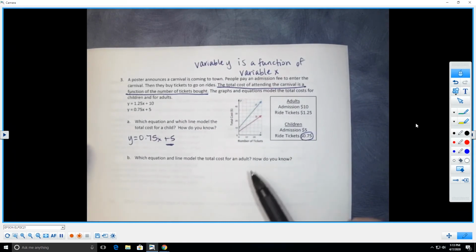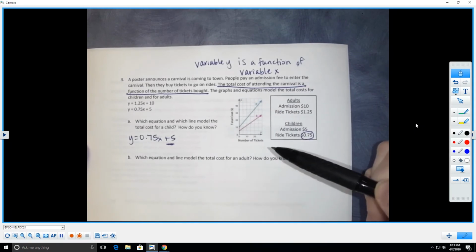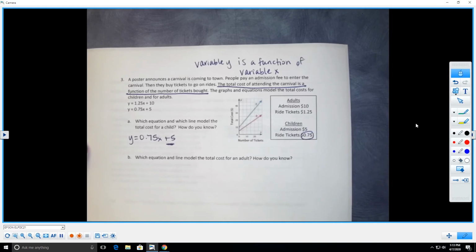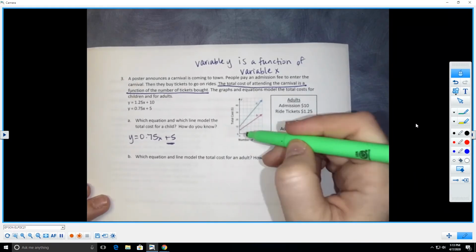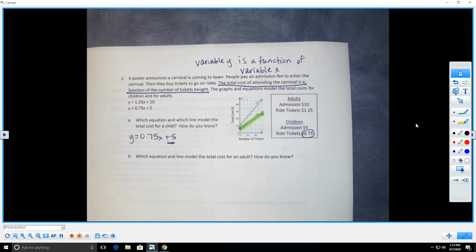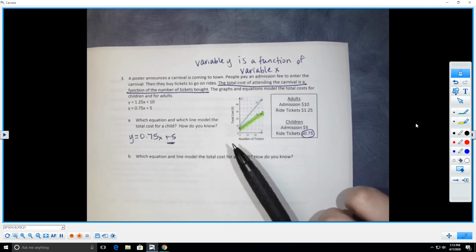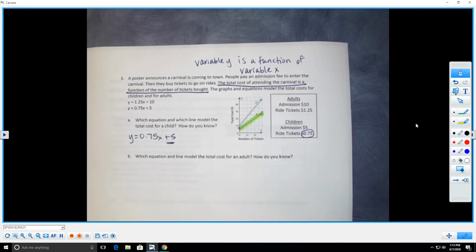So I know that whichever line has a y-intercept of 5 is going to be the line that represents the cost of a child's ticket, and that would be equation B. It's kind of hard to see on my screen, but if you have this packet pulled up or printed off, you're able to easily see that. And then we should also see a slope of 0.75. If you want, you can check that on your own.